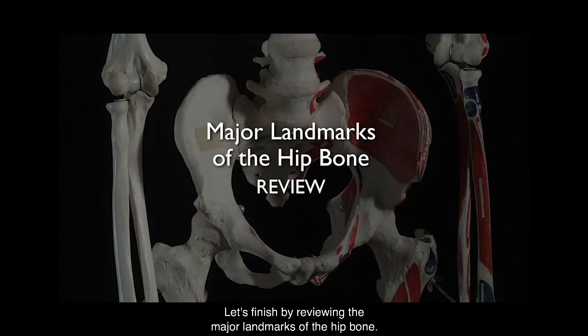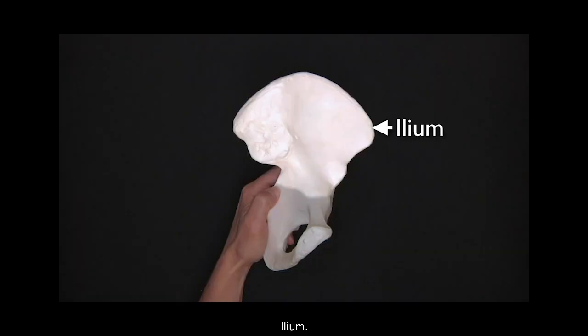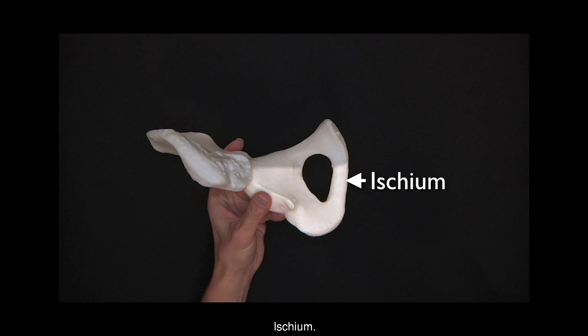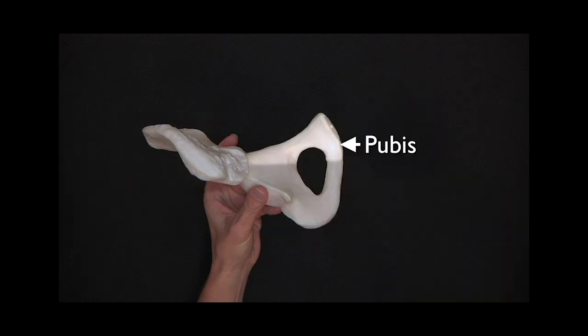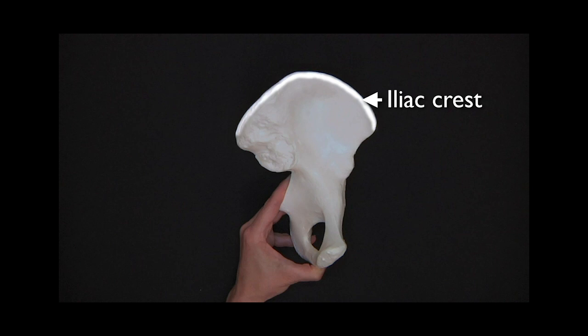Let's finish by reviewing the major landmarks of the hip bone. Hip bones. Ilium. Ischium. Pubis. Auricular surface. Iliac crest.